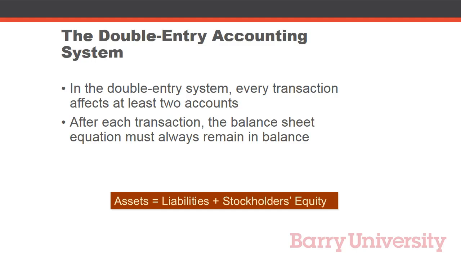We've already talked about part of the basic accounting system, assets equal liabilities plus stockholders' equity, in Section 1. In Section 2, we will expand upon the basic accounting model.